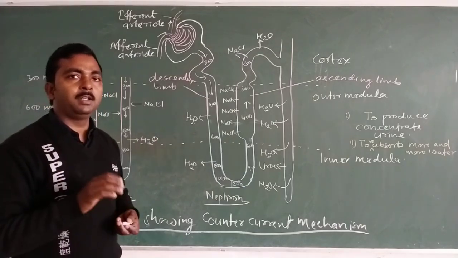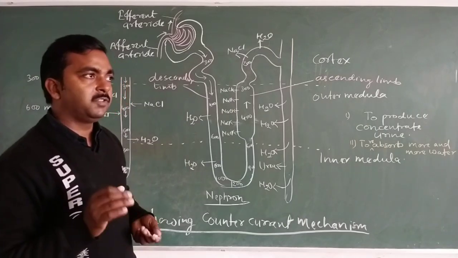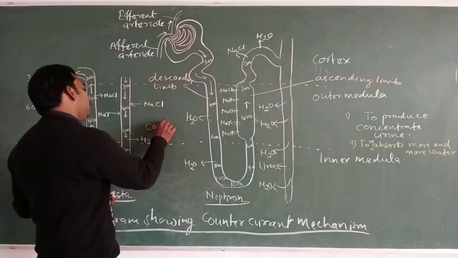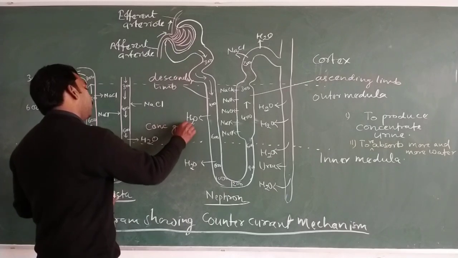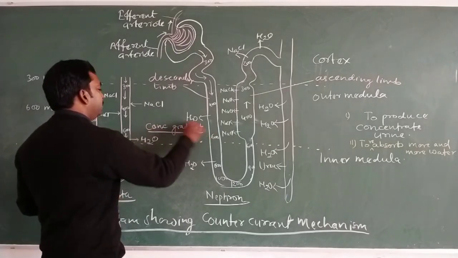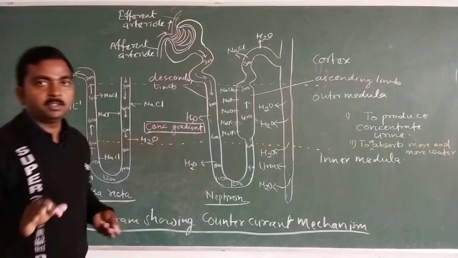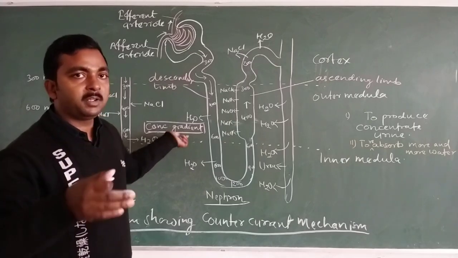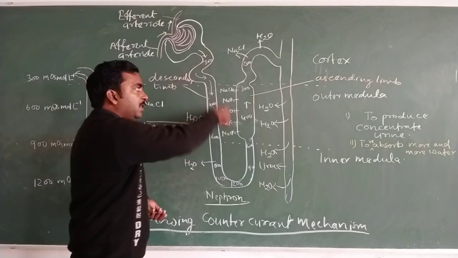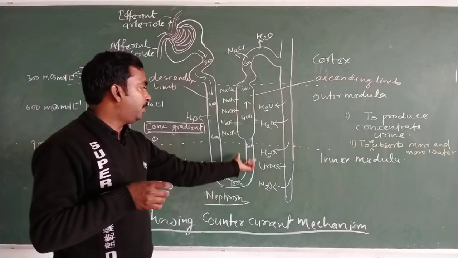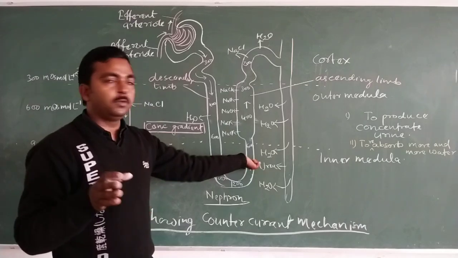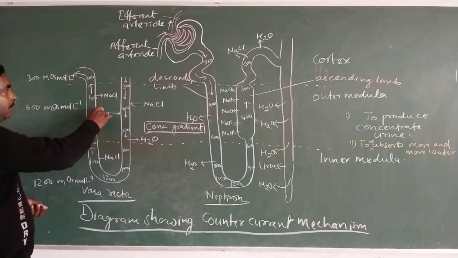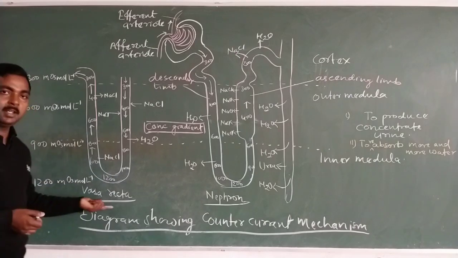A large concentration gradient is generated in the medulla region, where the interstitial fluid becomes more concentrated due to the removal of excess electrolytes from the tubules of Henle's tube, and also from the descending limb of the vasa recta.